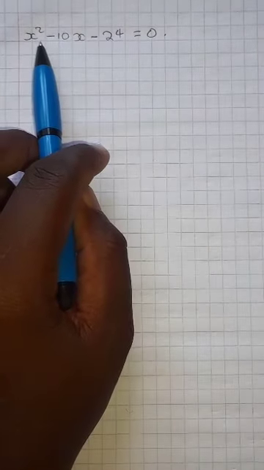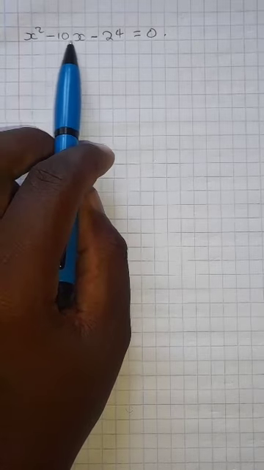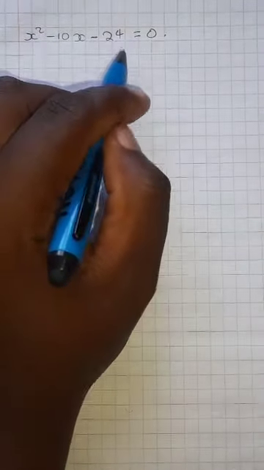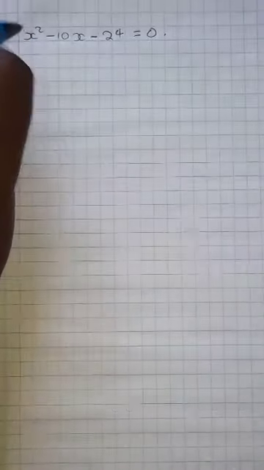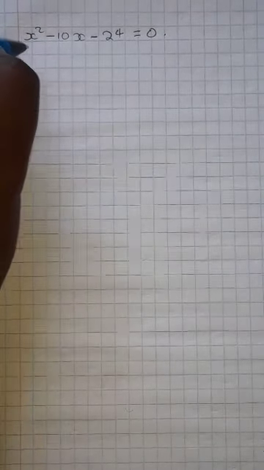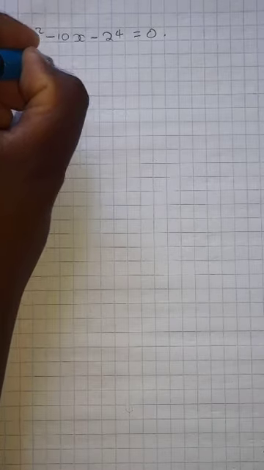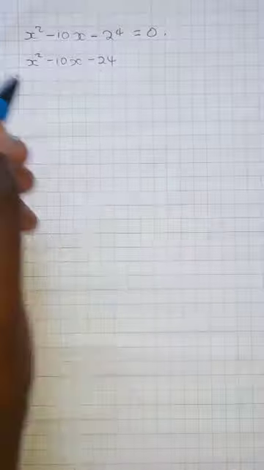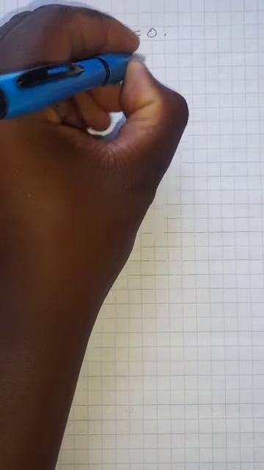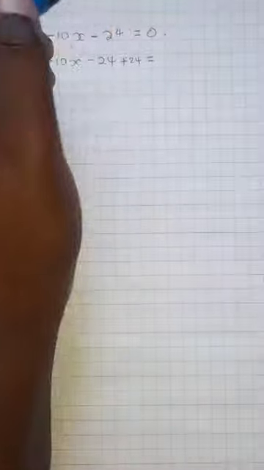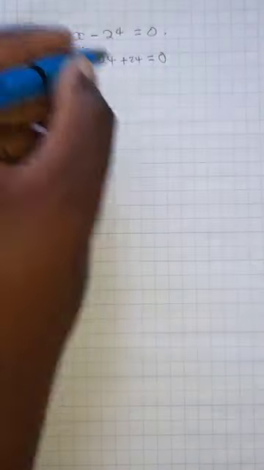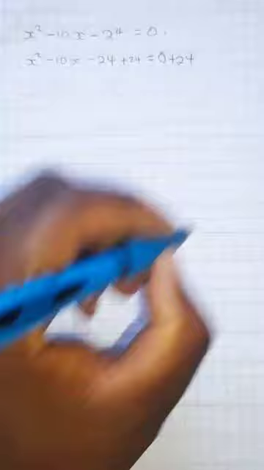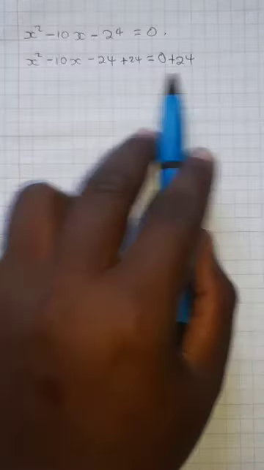We want to solve this quadratic equation, x squared minus 10x minus 24 is equal to 0. Our first step here, I want us to take this 24 to the other side. We use additive inverse. The additive inverse of minus 24 is positive 24, so we add 24 to both sides.